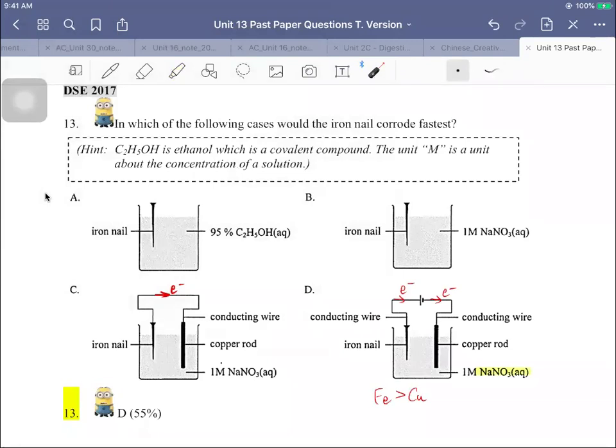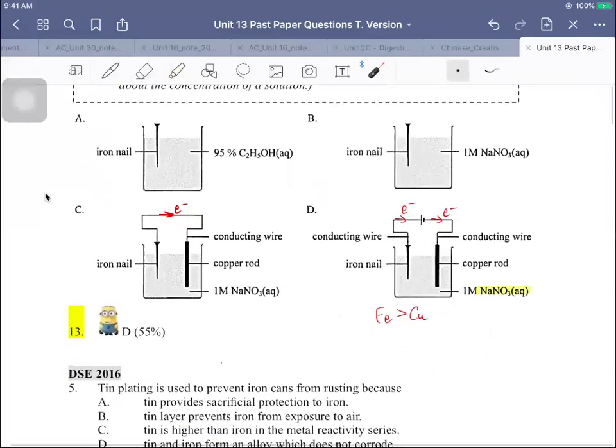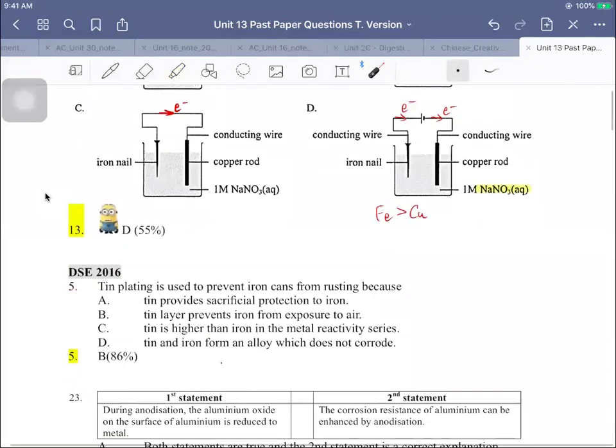Okay, that's for the first one. A little bit challenging, but still okay. Next one. Tin plating is used to prevent iron cans from rusting because... You need to remember in your notes, there are several surface protection methods that we have learned.